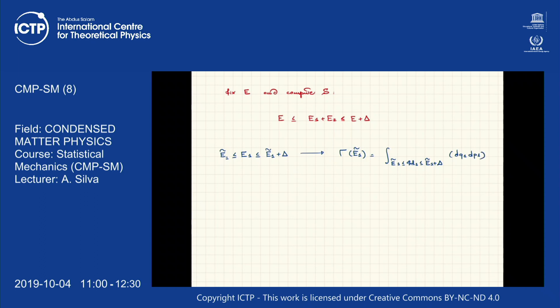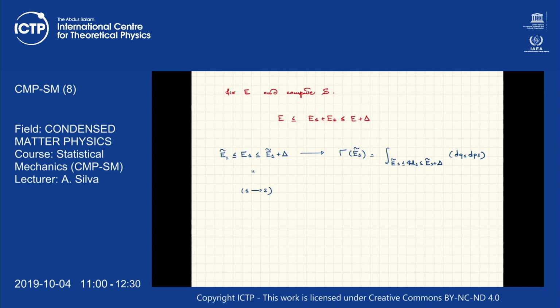Now, similarly, if I do the same for 2, I will get the same in which instead of 1, I write down 2. So if I would fix one energy, I would get this volume. If I would fix the other energy, I would get this other volume of phase space.